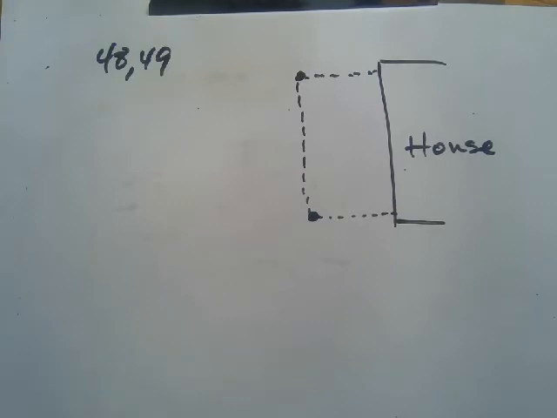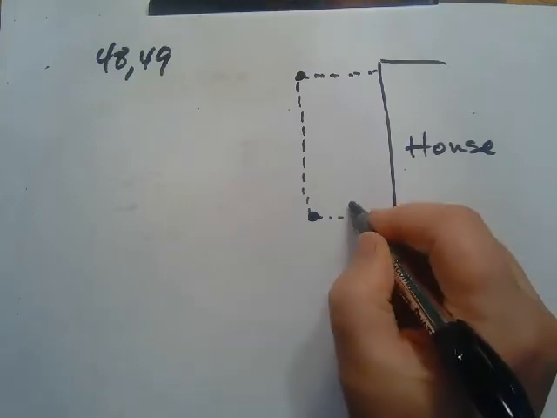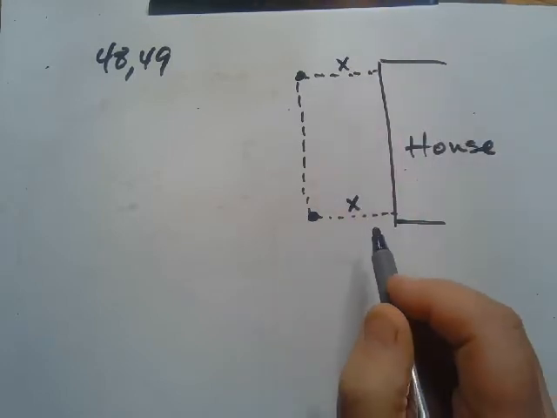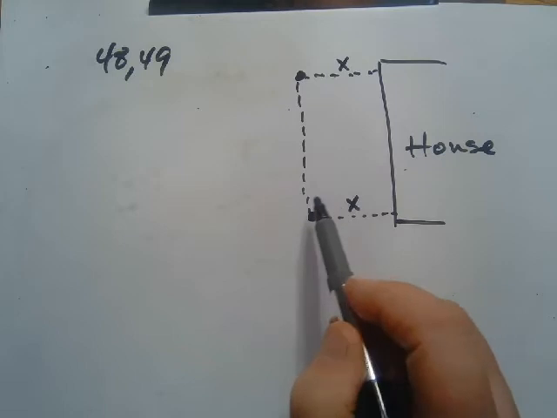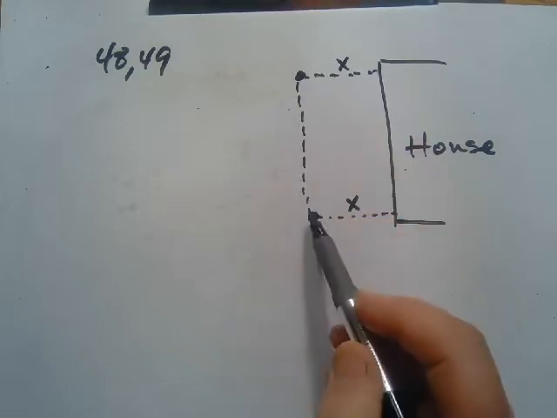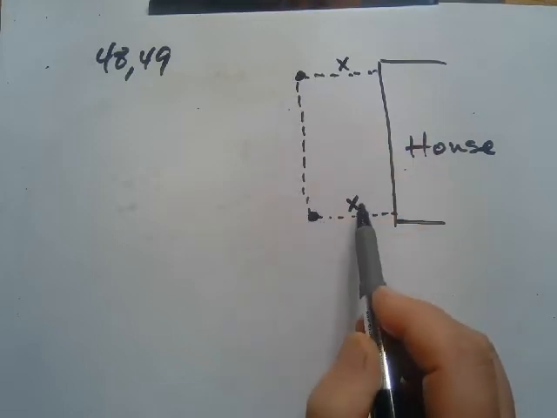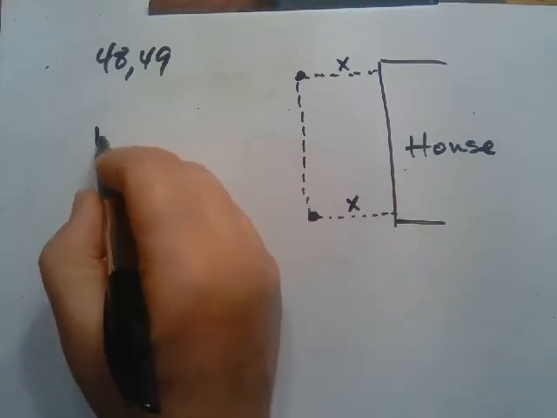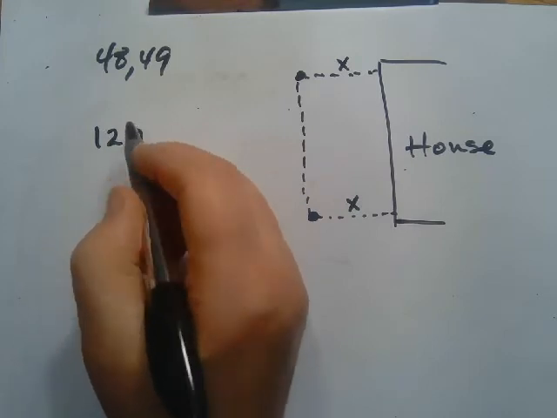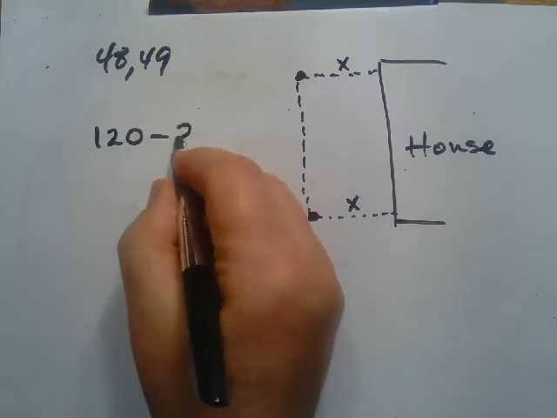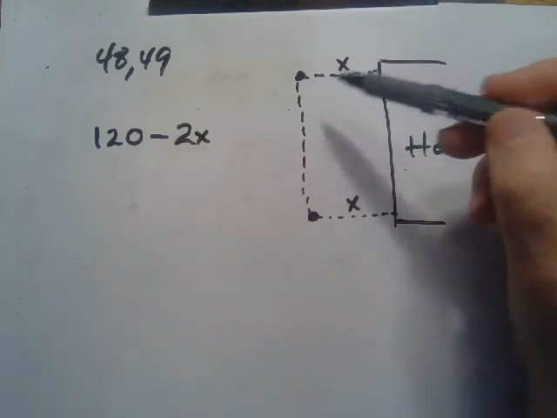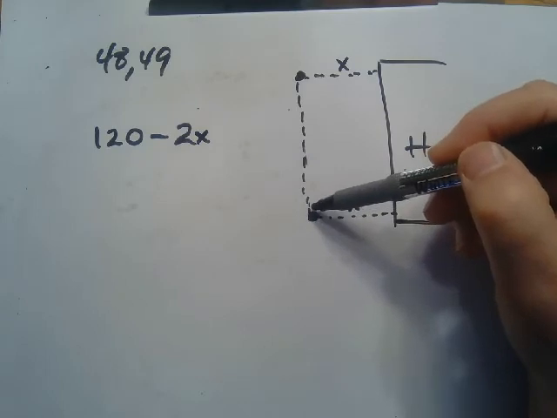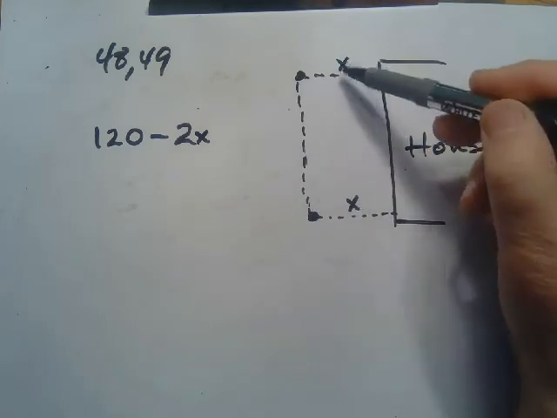Well, if you look at the problem that they give you in the book, they're telling you to let this width be x. Now, we don't know exactly how big this is, but we do know that if x is the width, this length here is going to have to be 120 feet of fencing minus both of those x's.